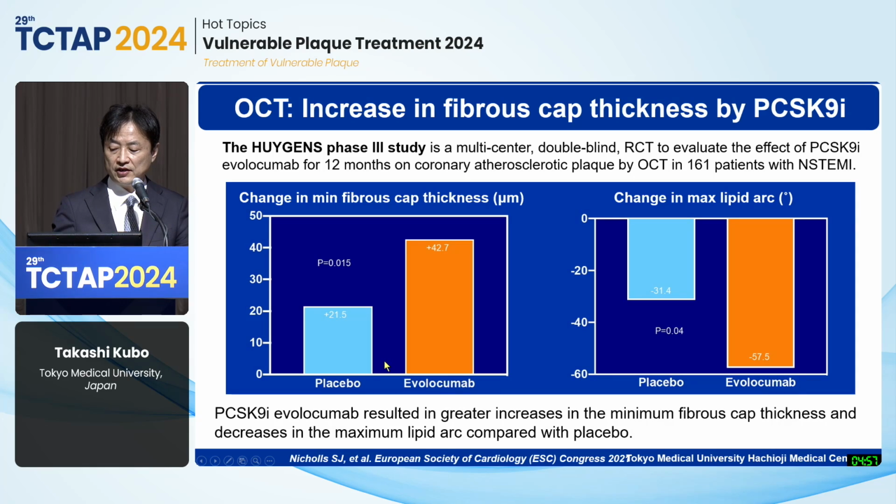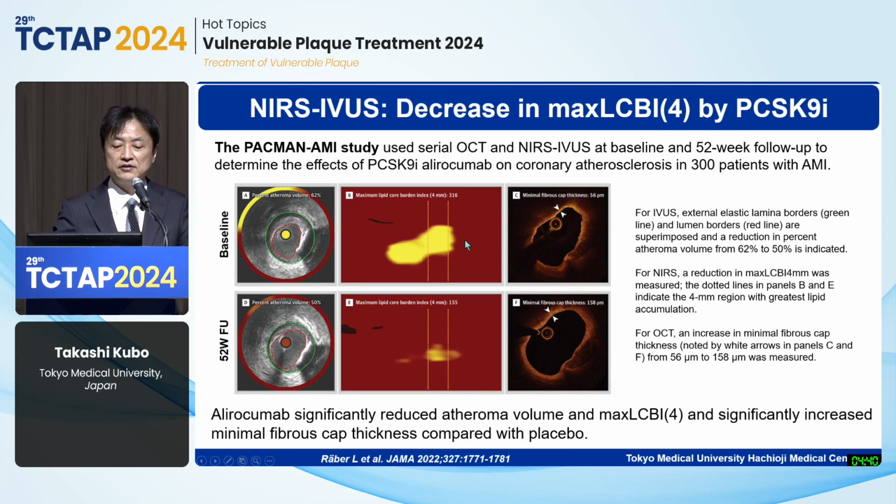So recently, we can use the PCSK9 inhibitor. This is the HUYGENS trial. The PCSK9 inhibitor evolocumab resulted in a greater increase in the minimum fibrous cap thickness. And this is the PACMAN-AMI study, which used NIRS and OCT.